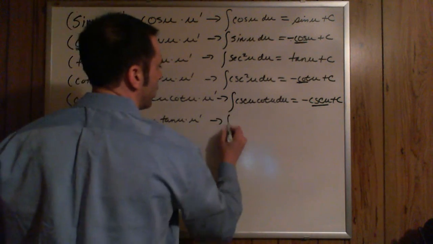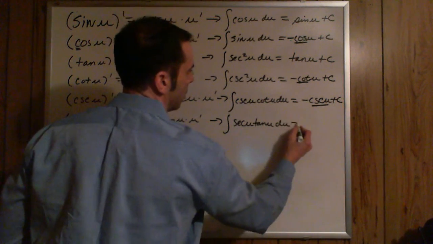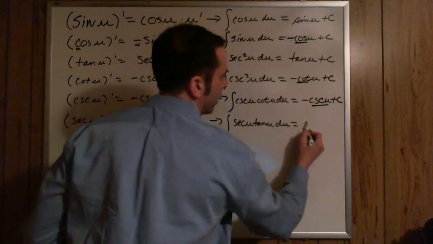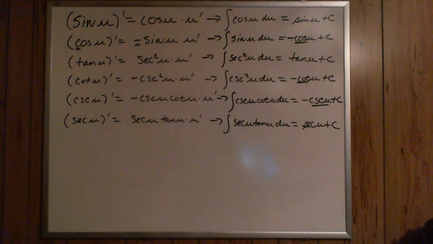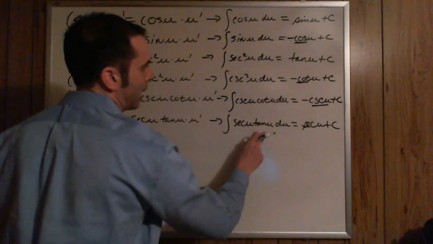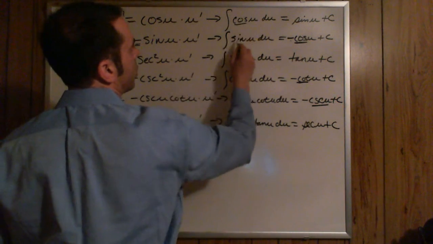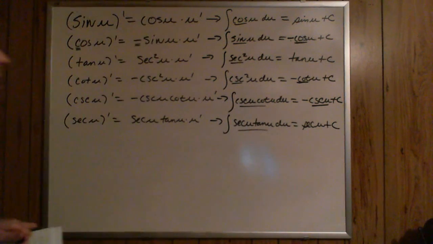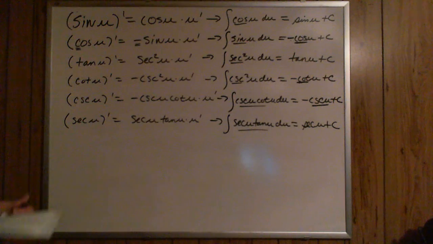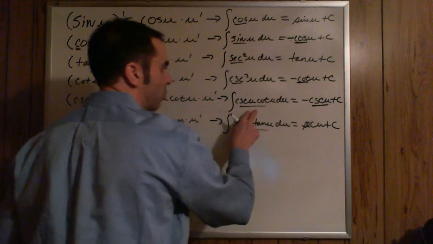And the indefinite integral of secant u tangent u du would be equal to secant u plus c, because the derivative of secant u is secant u tangent u. So if you look here in the integrand, in each of these is a derivative that we know. So we have to come up with a function whose derivative is given to us in the integrand.